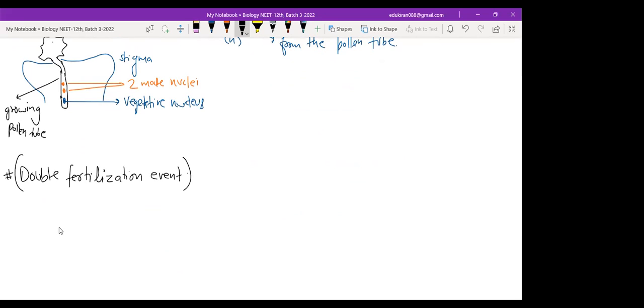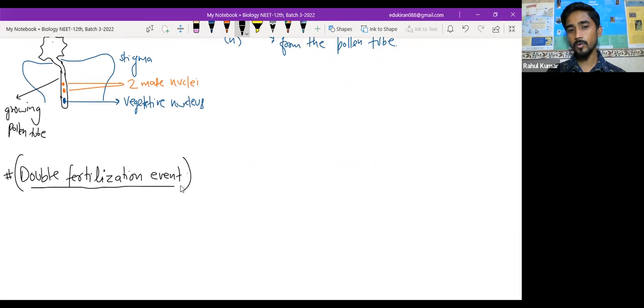Yes, sir. Now, to make you understand what happens to the two male nuclei, you will have to wait till tomorrow. Tomorrow we'll finish, because for this I first have to make you understand the embryo sac. In angiosperms there is an embryo sac. So we'll come to this tomorrow.